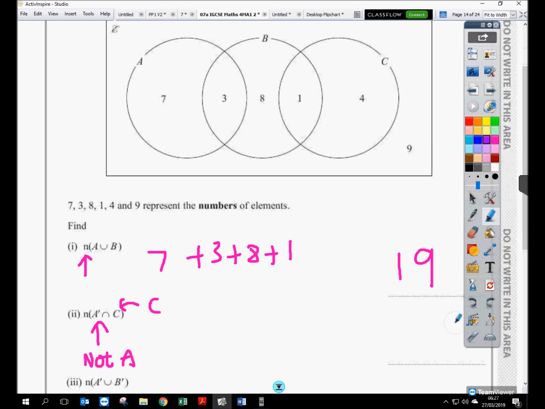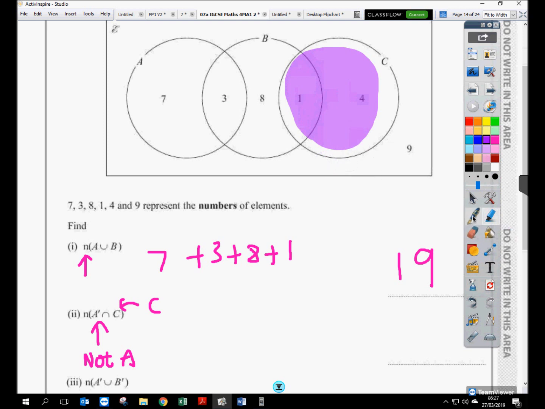We're looking for the section that's not in A, but is in C. This should be quite straightforward, because since A and C do not overlap, it's always not going to be in A. It can't be in A and in C, because A and C do not overlap.